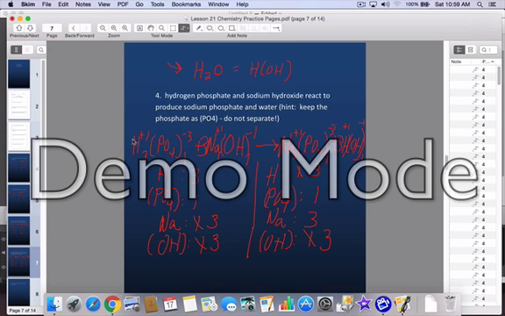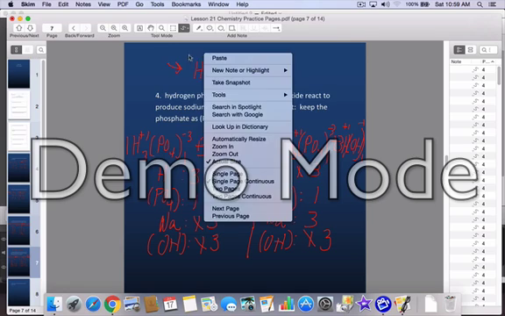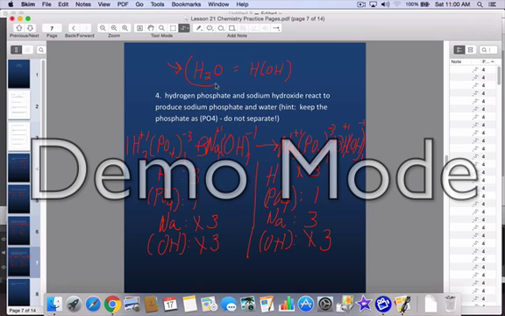So we can say it takes 1 part hydrogen phosphate mixed with 3 parts sodium hydroxide to yield 1 part sodium phosphate and 3 parts of water. Okay, so in this reaction we talked about different possible ways that you can write water depending on what's most useful for you.